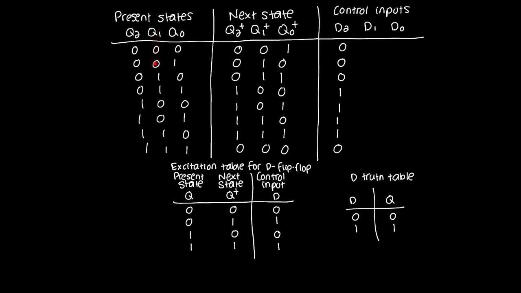So now I'm looking only at these columns: Q1 present state, Q1 next state, and D1 is what I'm going to fill in. I'm going to fill it in using the excitation table for a single D flip-flop.